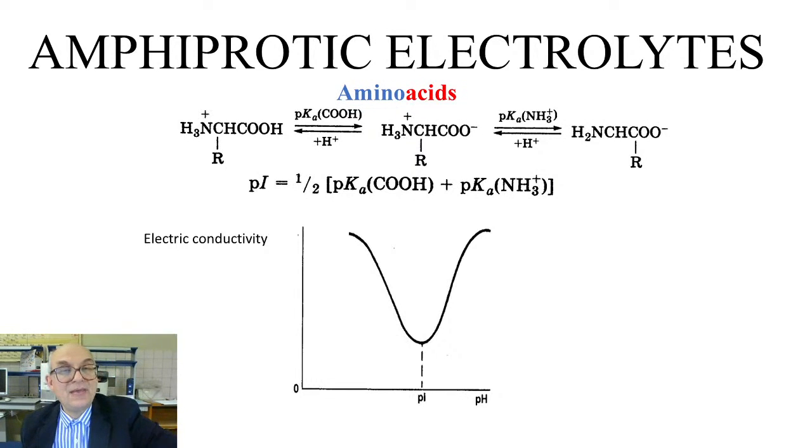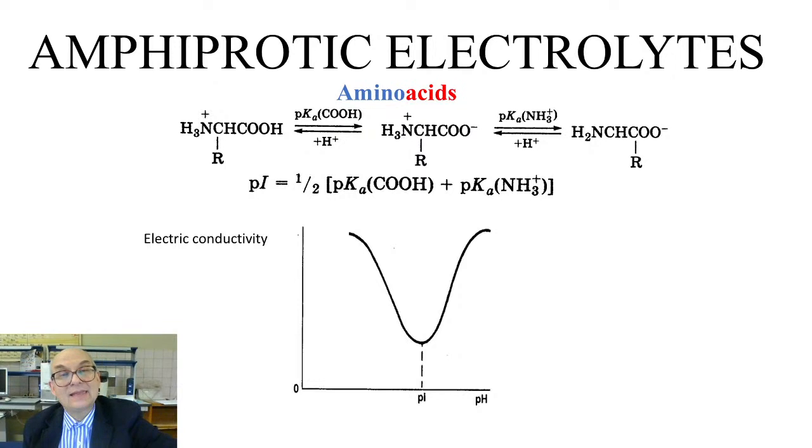Isoelectric point, pI, is the pH of amino acid solution which has a minimum of electric conductivity, because the amino acid has the form of double ion, a form of isoelectric state.